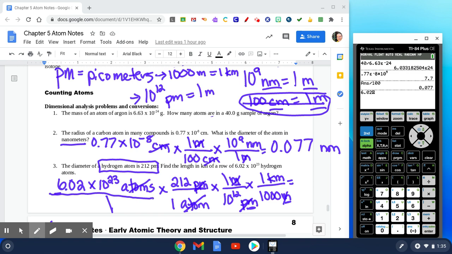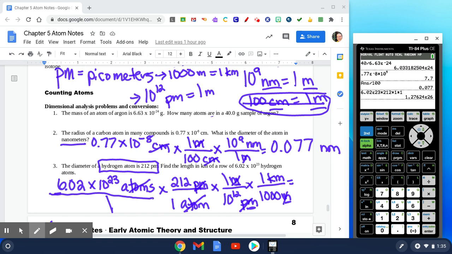I'm going to do E 23. Then I'm going to multiply by 212. And then you could say times 1, because that's everything on the top. And then I'm going to hit enter. So that's everything on the top.